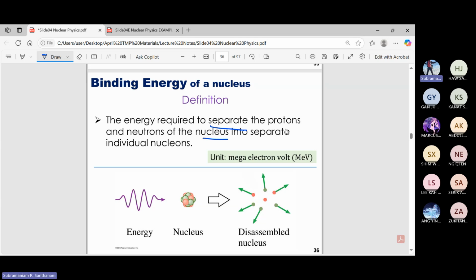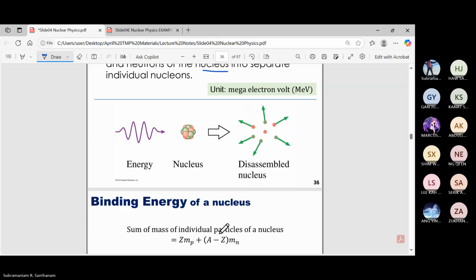You can see in this process, the energy is required to break this so that they become individual nucleons. The amount of energy that we need to break them is the binding energy.